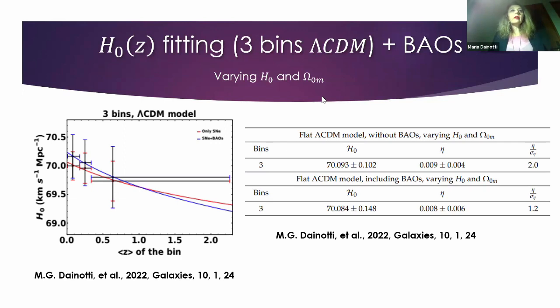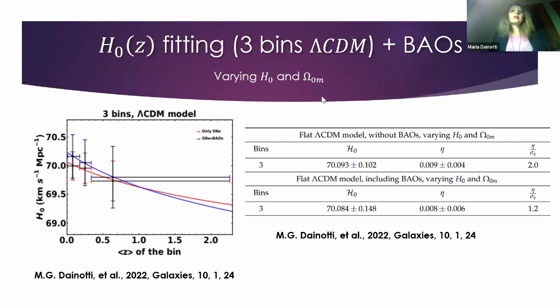And actually, the 3 and 4 bins analysis were at the level at which the full analysis of the Pantheon sample for the omega m values would not change. So that's why we chose these 3 and 4 redshift bins initially. Now, if we instead vary H0 and omega m, we don't really need to vary omega m over a large redshift range. In fact, we picked Gaussian priors for omega m so that the contribution of these 2 parameters would not be washed out.